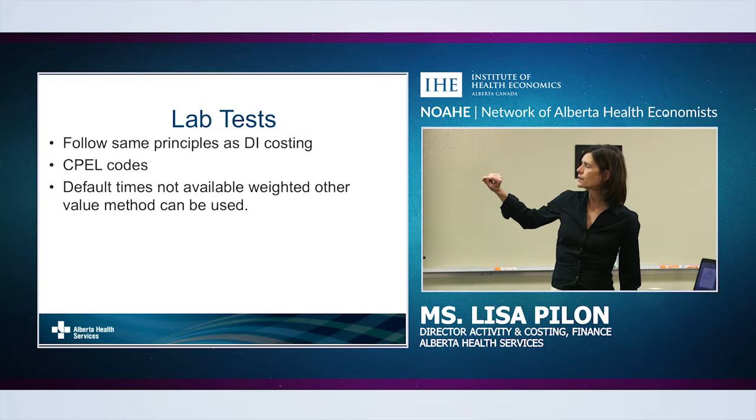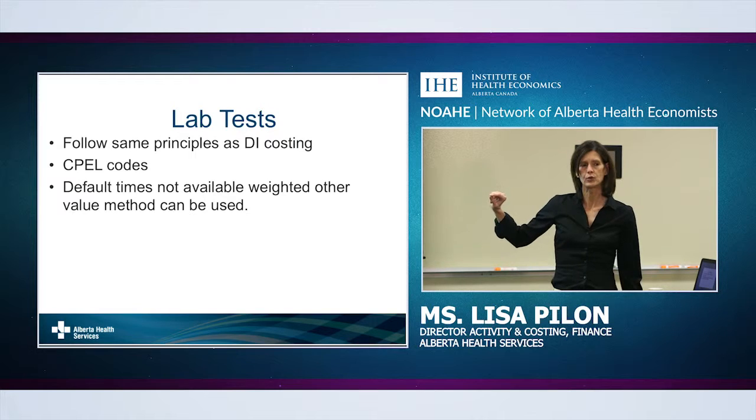The only real difference that we have at AHS is where you saw, for example, workload by default minutes. What we tend to see more in the systems at the lab tests in Alberta is more what I would call, and you guys probably know this terminology, weighted or relative values.